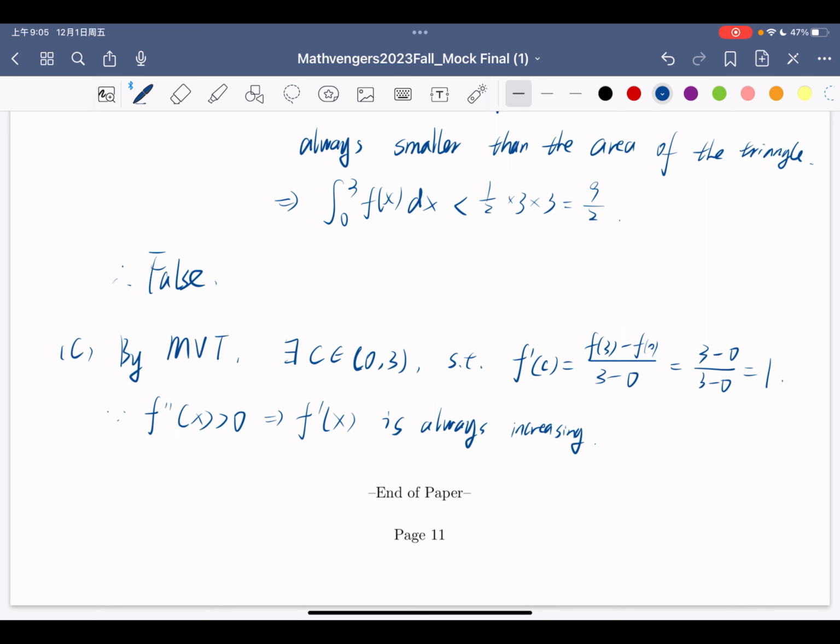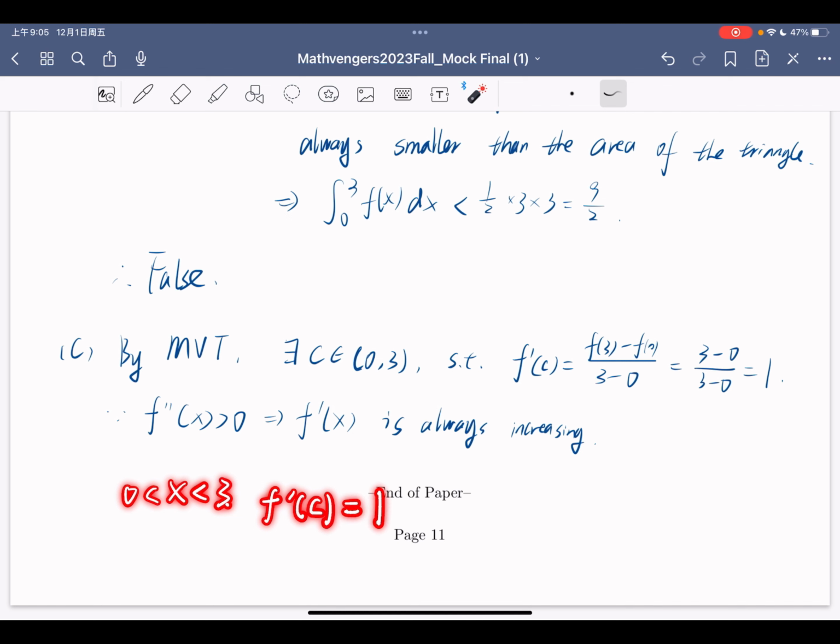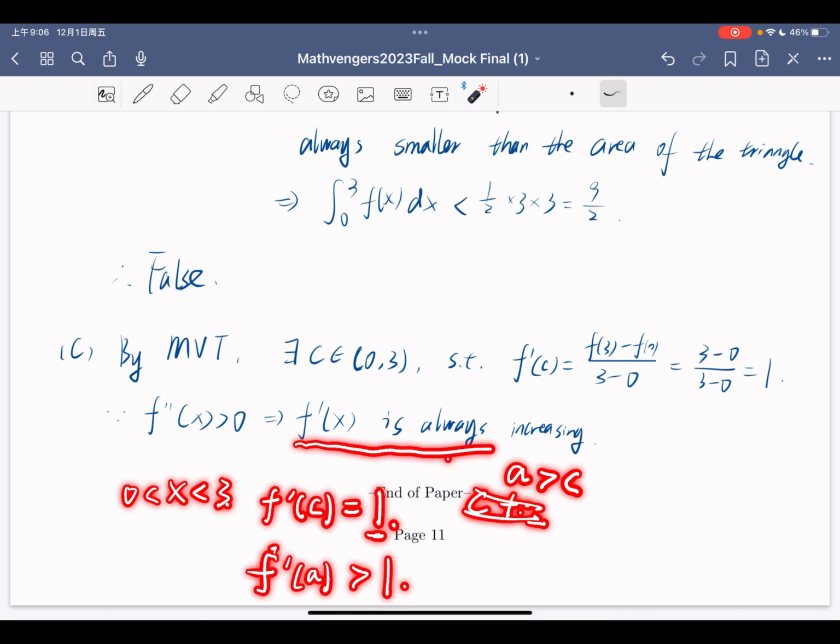If at some constant c between 0 and 3 the derivative is 1, then after this point, for any a greater than c, the first derivative at a is greater than 1, because it is always increasing.